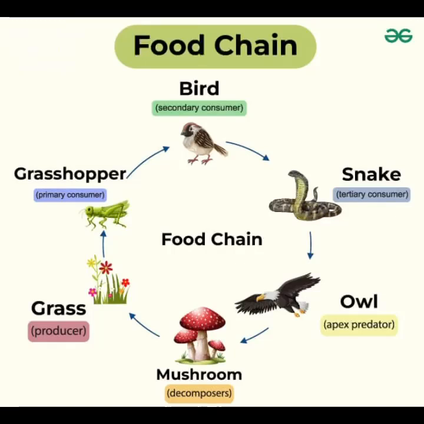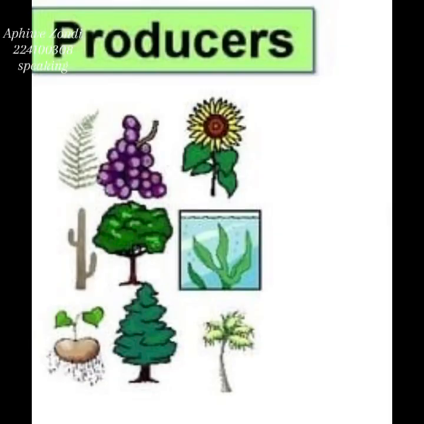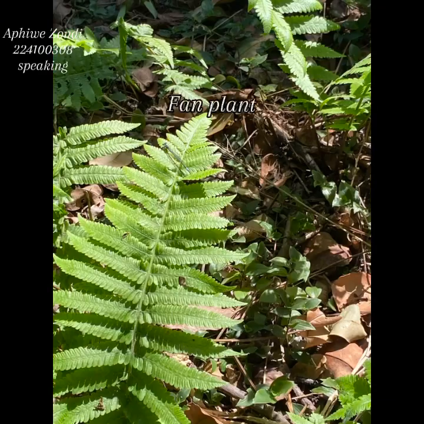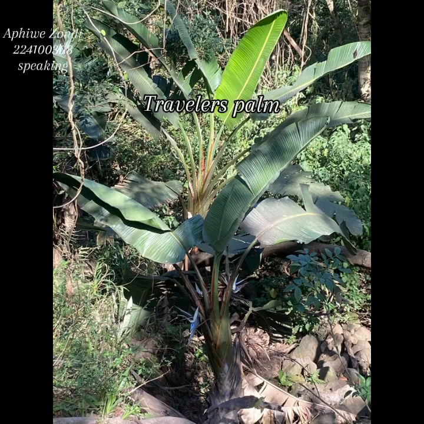A food chain shows how energy is transferred from one organism to another in an ecosystem. Let's explore a specific food chain involving aquatic plants and various organisms found in Marianwood Nature Reserve. Under producers, we have flora such as grasses, fern plants, and travel plants.